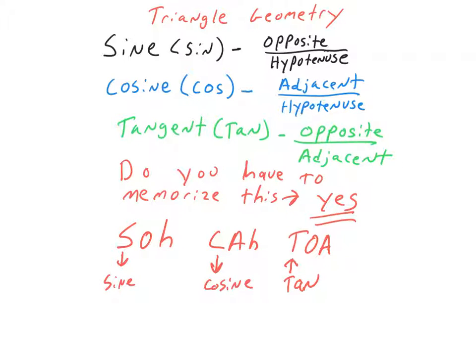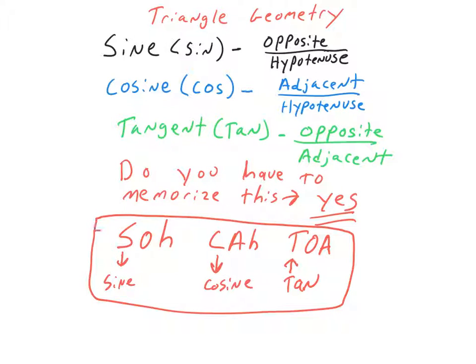That's probably the most common way to do it. So when you're doing a test or whatever, the first thing I would do would be write that at the top of your page so you have it to look at, and that'll make it a little easier to remember. It's SOHCAHTOA.